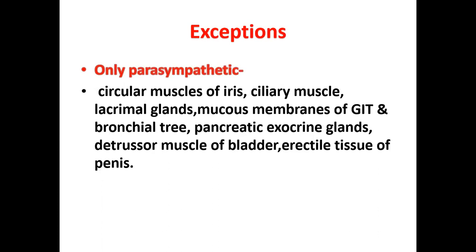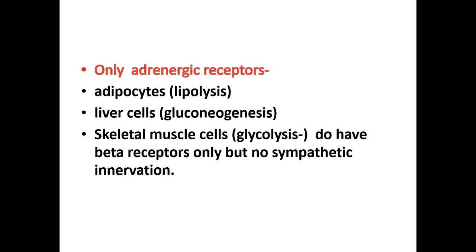The parasympathetic nervous system alone supplies the circular muscles of the iris, the ciliary muscle, the lacrimal gland, the mucous membranes of the GIT, the bronchial tree, pancreatic exocrine glands, the detrusor muscle of the bladder, and the erectile tissue of the penis.